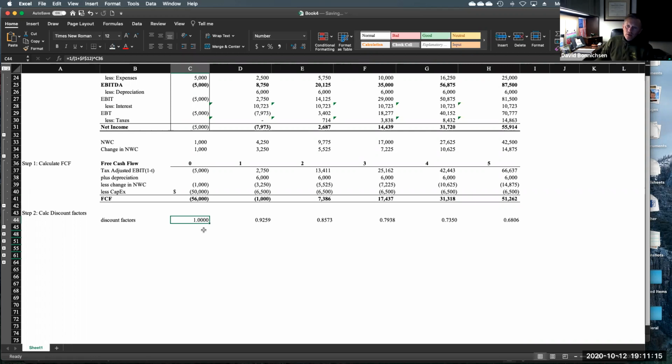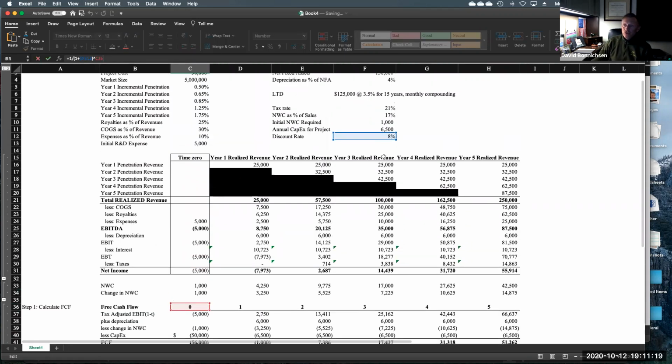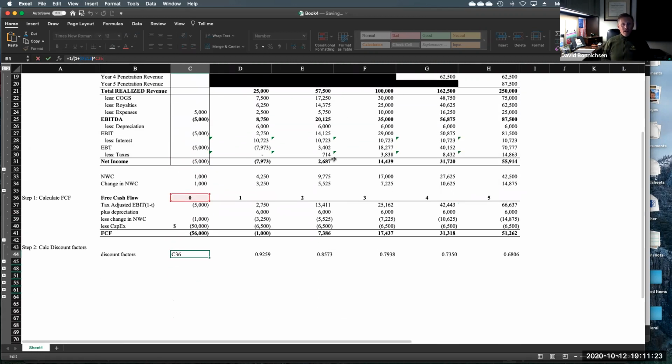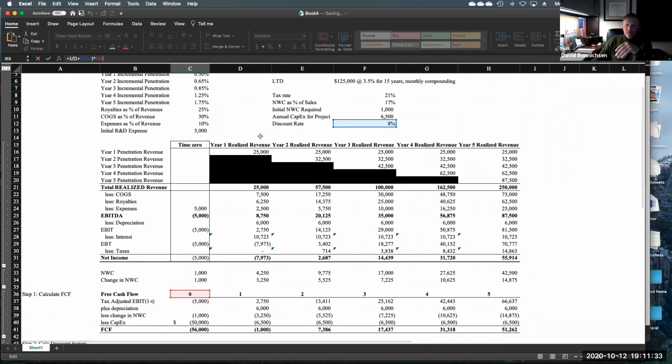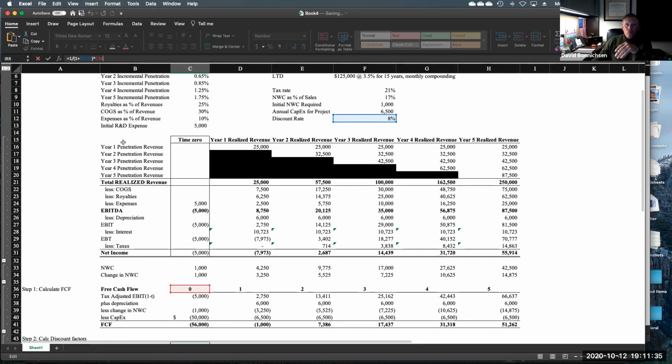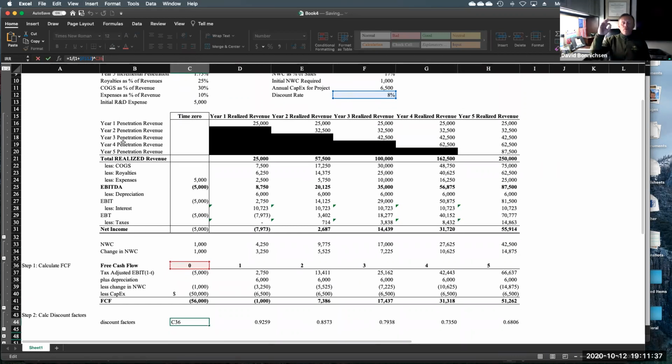So we take the discount factor. We're told what the discount rate is, we're given the rate, and we calculate the discount factor as 1 divided by 1 plus the rate, raised to the period that we're in.